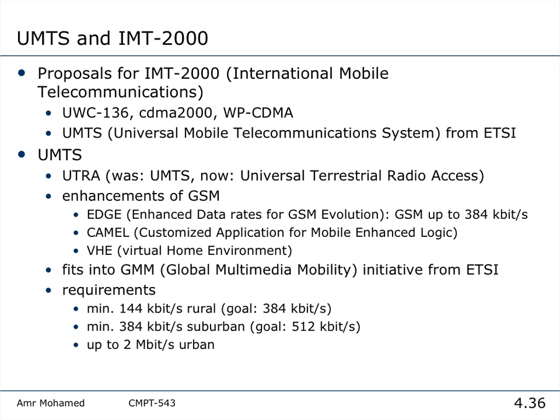Starting in 3G, there was a new entity that was formed as part of the International Mobile Telecommunication, or what we call IMT 2000. This is part of 3GPP. 3GPP is a standard group that started to take over the standardization for cellular standards, starting from 3G.